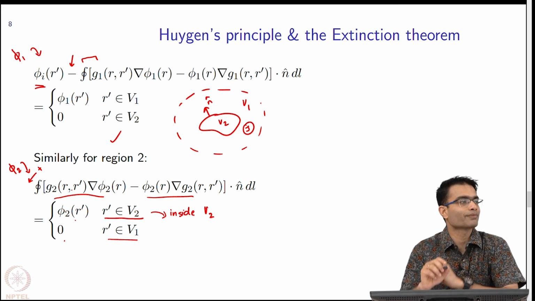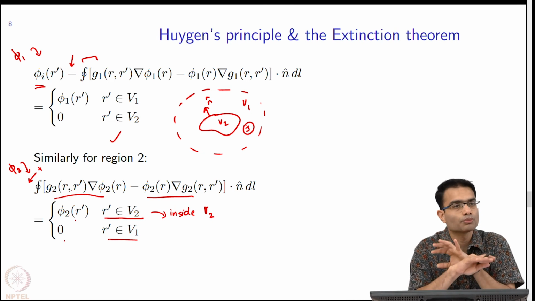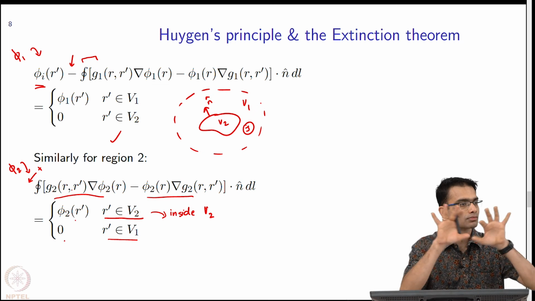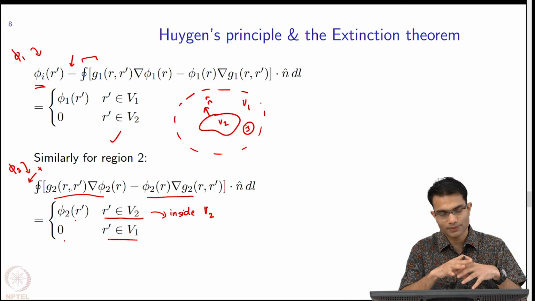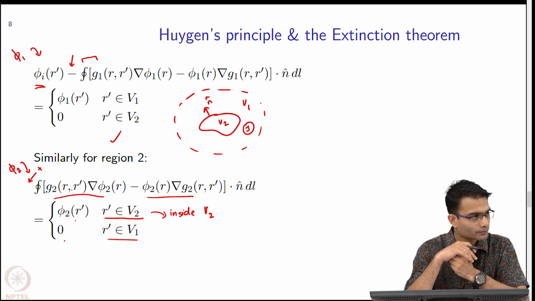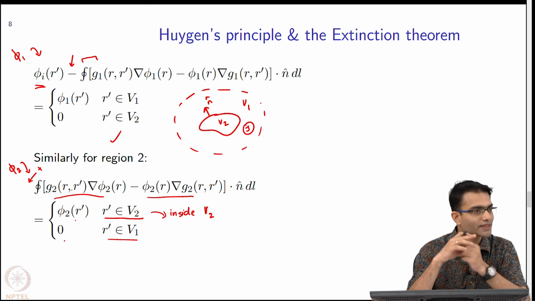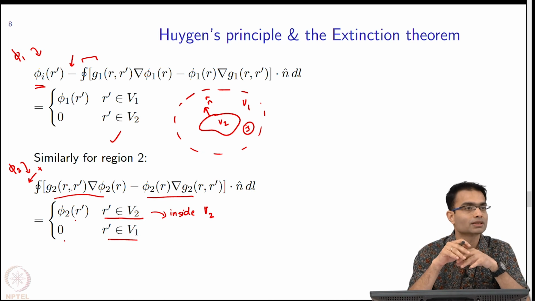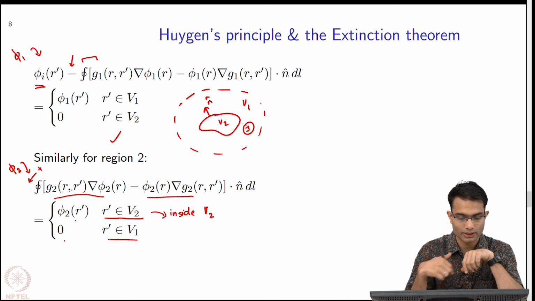So somehow we have managed to remove the volumes and talk only in terms of currents on the surface. That is why the whole module is called surface integral equations. So when you say surface, in this case, is it the boundary? It is the boundary. Yeah, by surface I mean boundary. In 3D a surface is a surface, in 2D the surface will be just a line enclosing it.